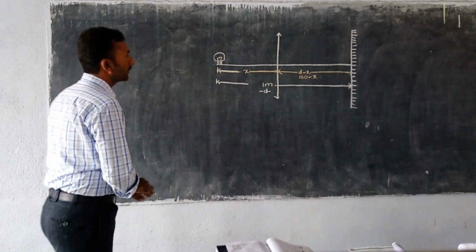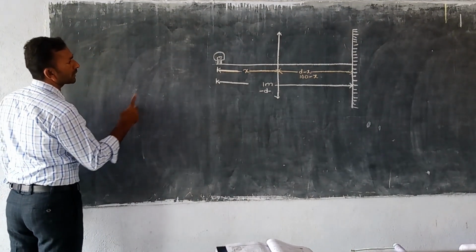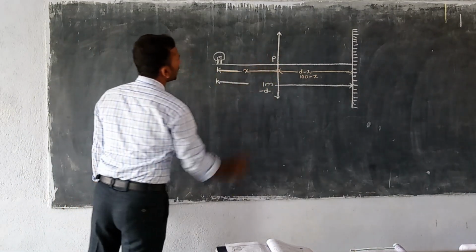What are the values given? The distances are measured from the center of the lens.